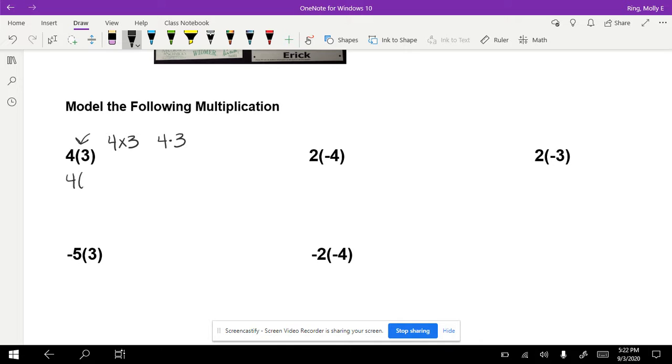We're now going to just put them next to each other with parentheses because the parentheses mean multiplication. This written out means 4 groups of 3. So on your paper or on a piece of scratch paper, I'd like you to model 4 groups of 3.